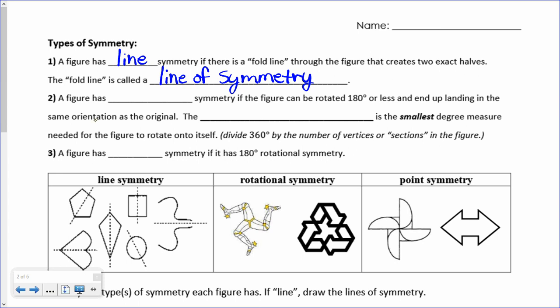Symmetry type 2 is called rotation symmetry. A figure has rotation symmetry if you can take your shape and rotate it 180 degrees or less, and it ends up landing in the exact same orientation as you had it before.